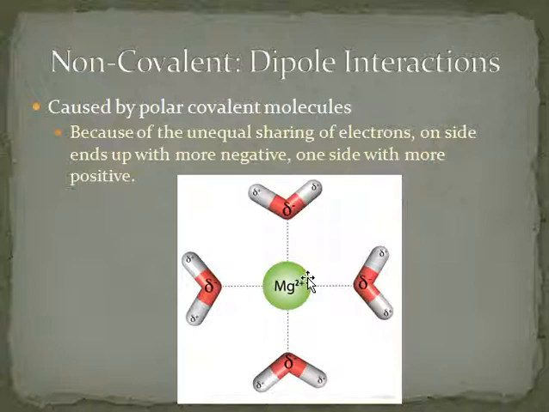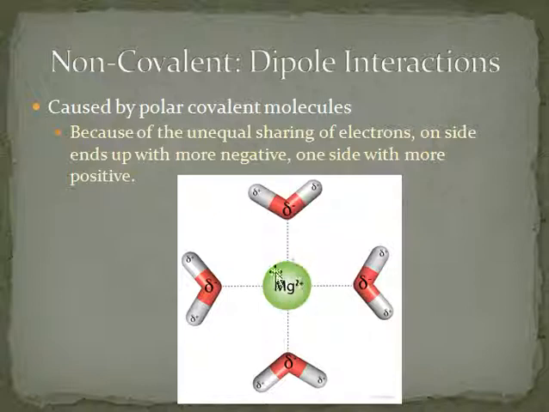So the dipole interactions come between this molecule, which is covalently bonded, and its partial charges. Those little squiggly things are delta, and they represent partial charges. So this partial negative charge wants to be near something with a positive charge. For example, the magnesium here.